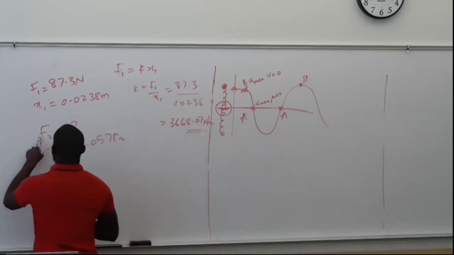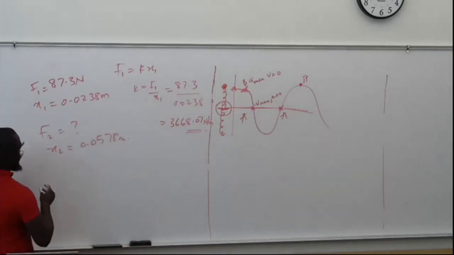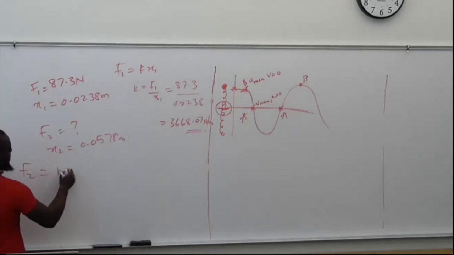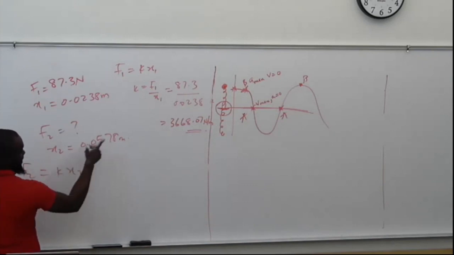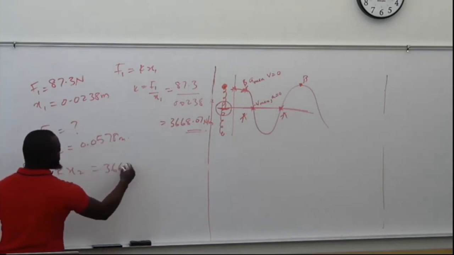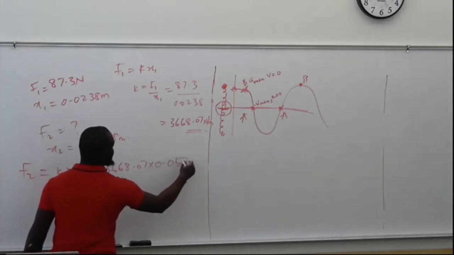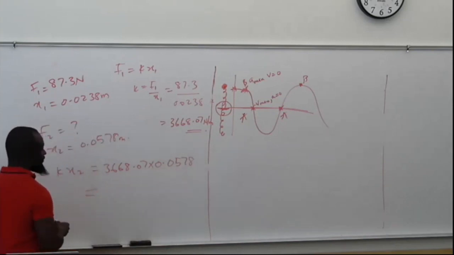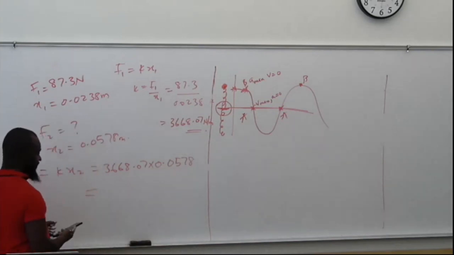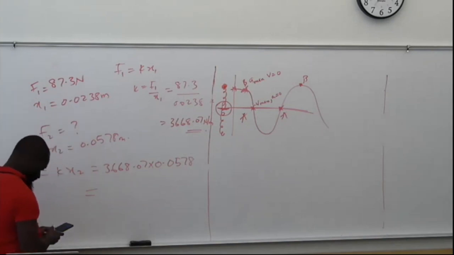Now, if I apply a different force for this extension, what's this force? F2 is k x2, the same k that I got, 3668.07 times x2, 0.0578. So what does that give me? 212.